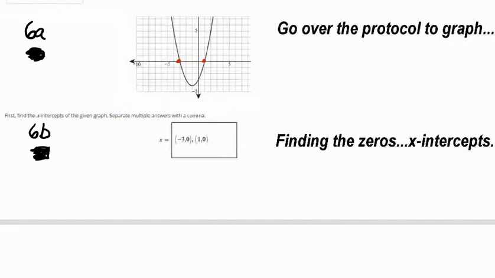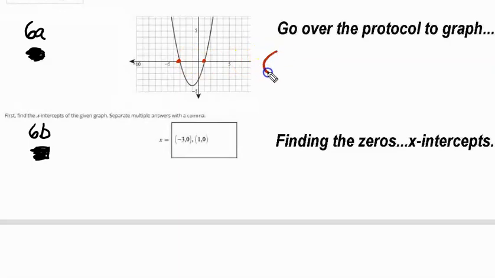In example 6, I left off the instructions, and it is basically looking at the graph: what would the equation of the parabola be? The protocol for solving it, which we go over in our flipped classroom lesson, is to find the x-intercepts, that is, where y is 0.